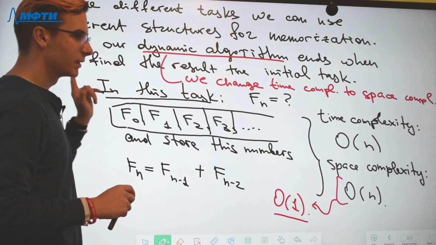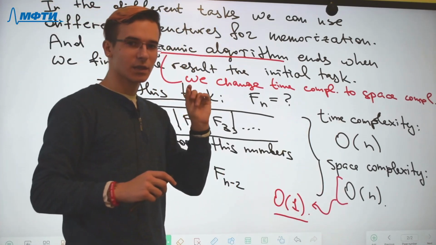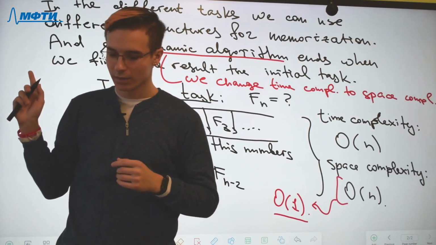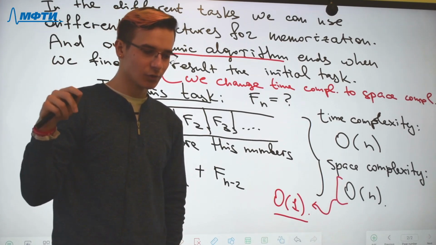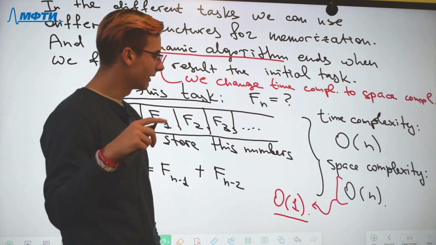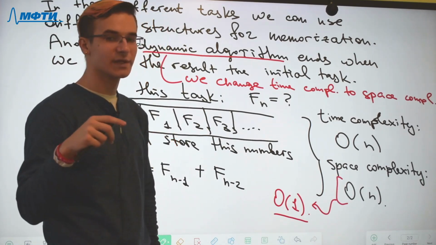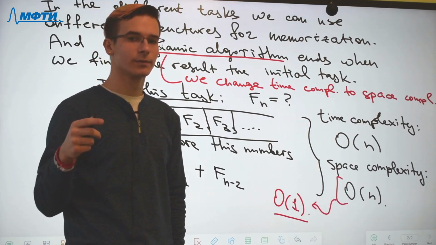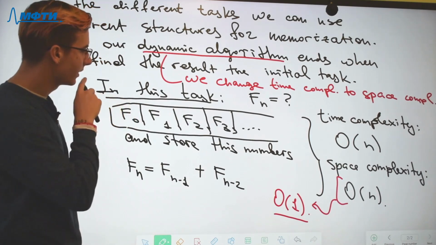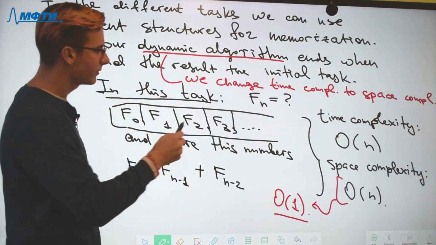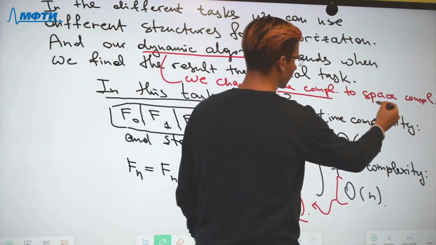And we will see in the next task that we can store a lot of data to get a smaller number of subtasks that we need to solve. So I wrote here that we change time complexity to space complexity.